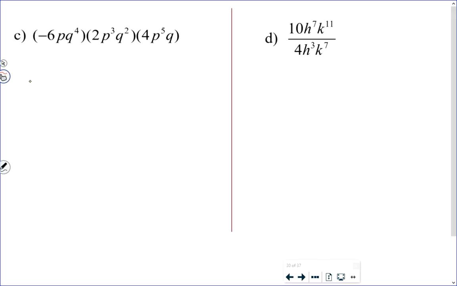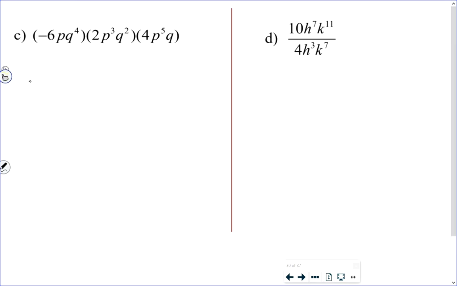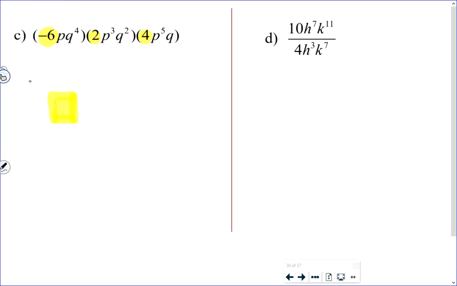C. Okay, well, let's not rewrite all this. Let's just recognize that we have a whole bunch of coefficients being multiplied together. The coefficients are -6 times 2 times 4. That's going to give us a coefficient. We also have some powers with a base p.